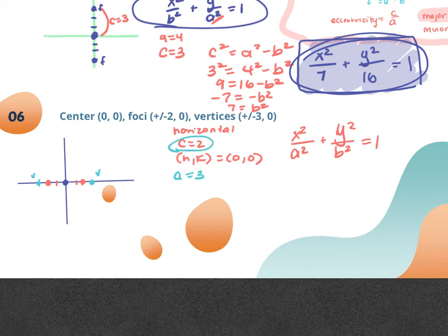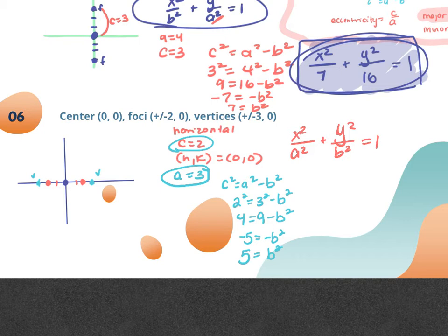So I have C and I have A. I find B by doing C squared equals A squared minus B squared. 2 squared equals 3 squared minus B squared. 4 equals 9 minus B squared. Negative 5 equals negative B squared. B squared equals 5. If I was to graph it, I would graph the square root of 5, but my equation is B squared, so I don't need to square root it.